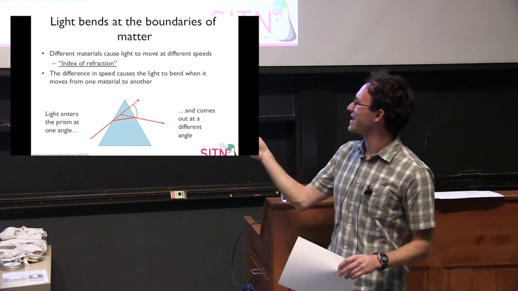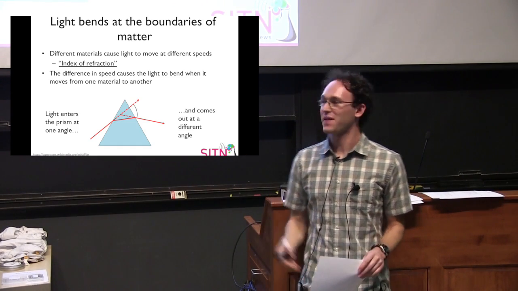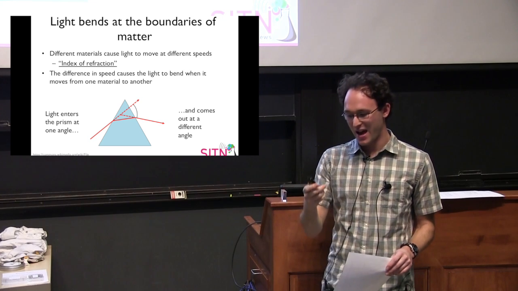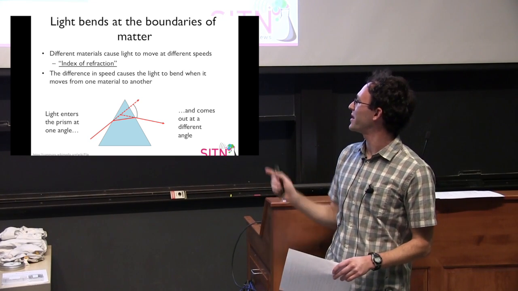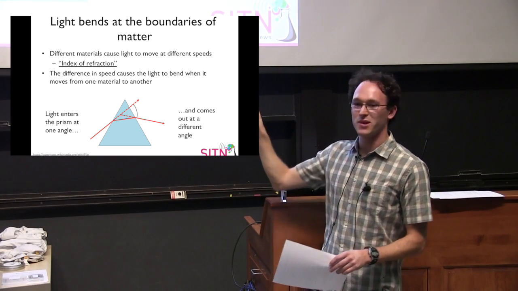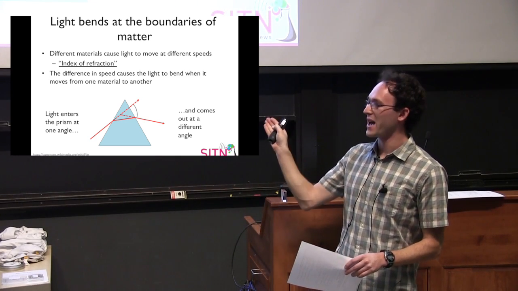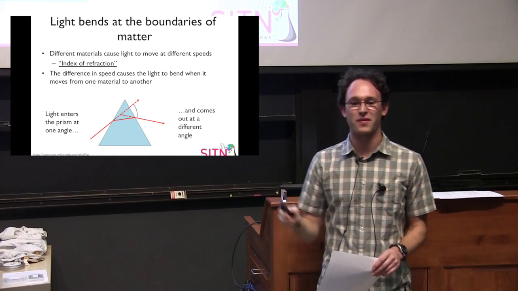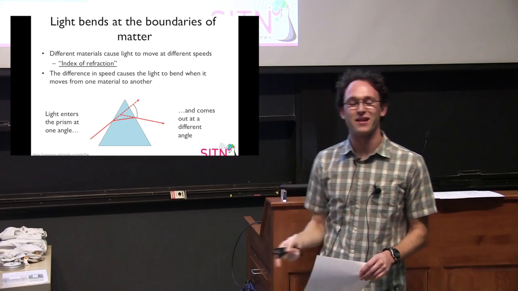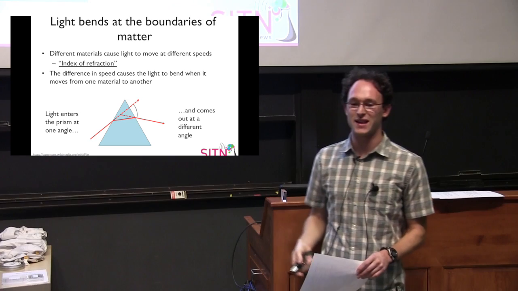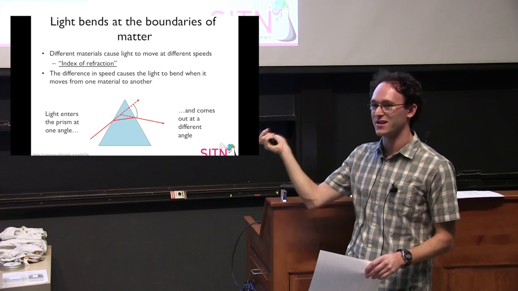The simplest example is if I have a piece of glass and I shoot some light through it. If that light is moving in one direction and then hits the interface between the glass and the air, it'll actually bend because of the difference in the index of refraction. And then it will bend again when it reaches the glass-air interface at the other side. So it'll end up coming out at a different angle.